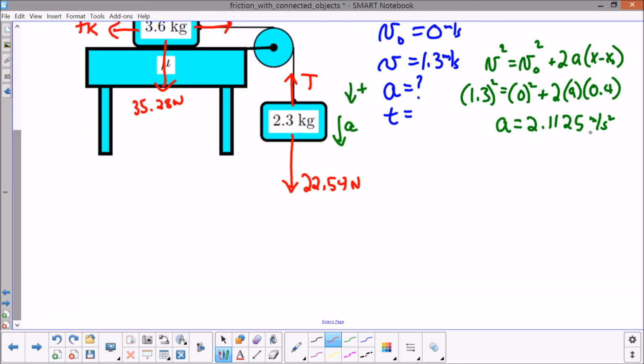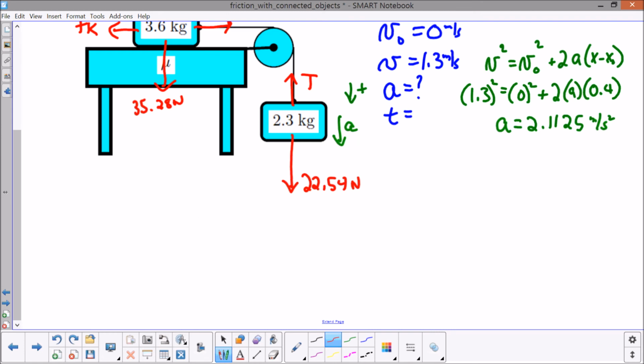Because I know this acceleration, the easiest way to do this is to look at this hanging block first and go through and calculate the tension in the rope.